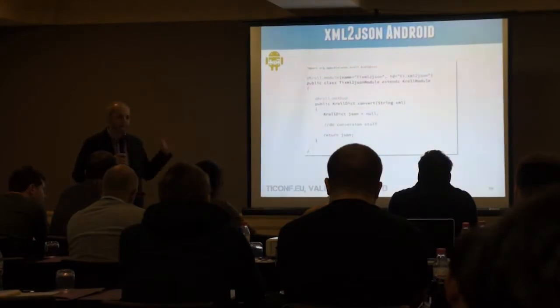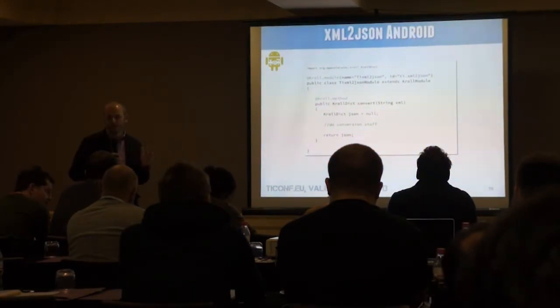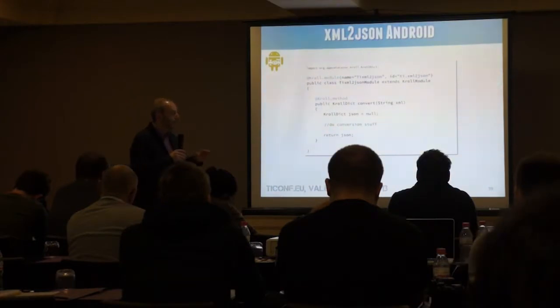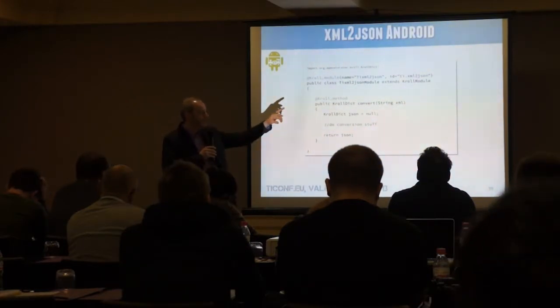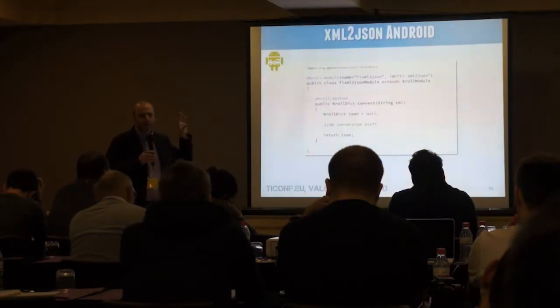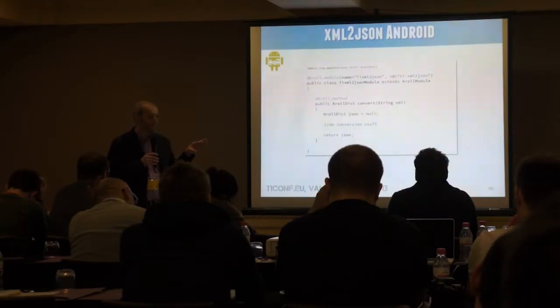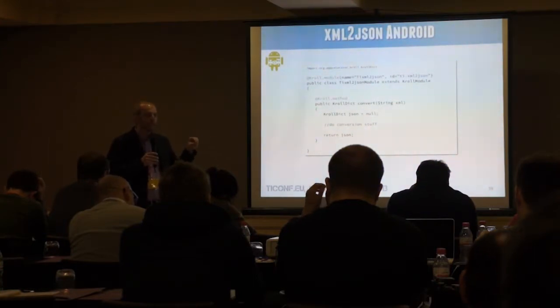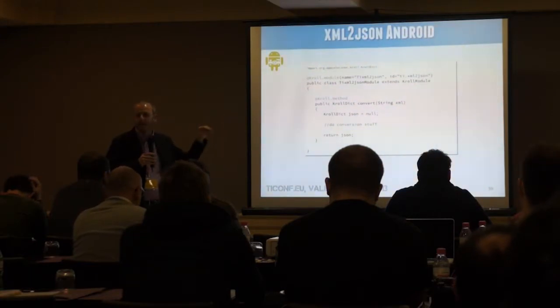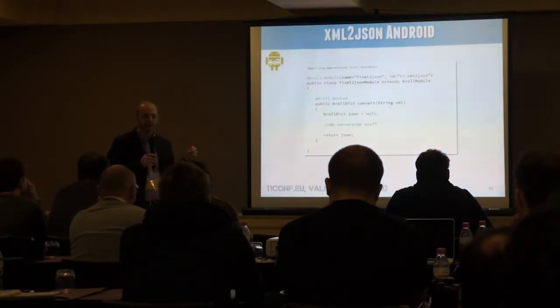On Android, it's basically all the same. The syntax is not the same, but the concepts more or less are the same. We have our method convert, which takes a string argument. The good thing of the Android and Java part of the Titanium SDK is that we can really define the kind of arguments we are taking.